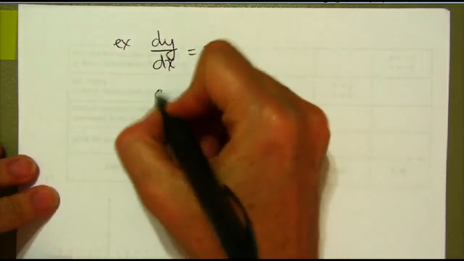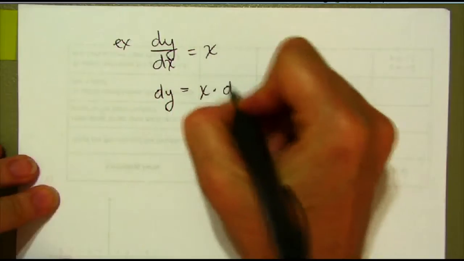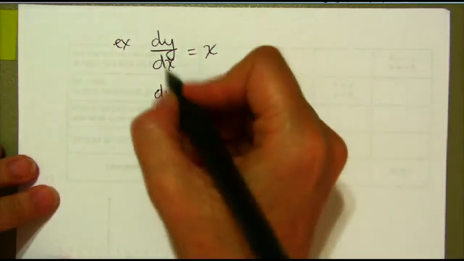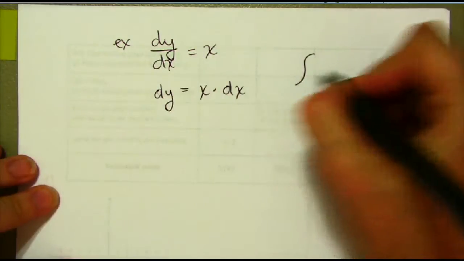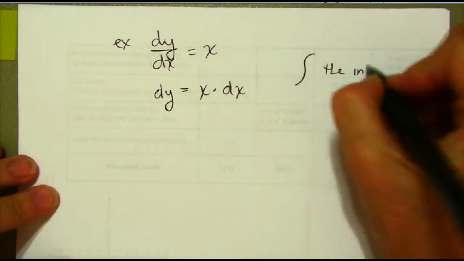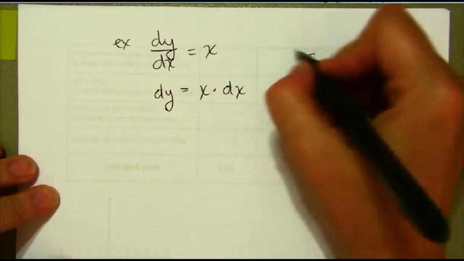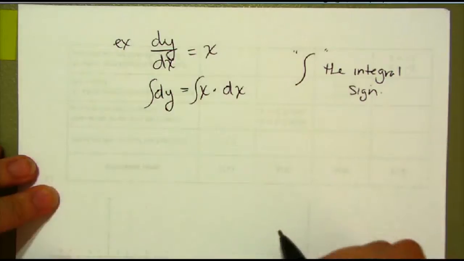So what we do, dy, and we're going to multiply both sides by dx, and then here is the notation. We're going to use this sign here. This is called the integral sign. That's what this thing here is called. And I'm going to do that on both sides.